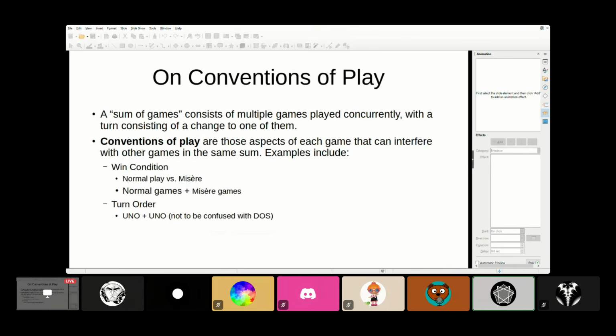So why does it matter if the skip card skips them in general? I mean, that's fair. Maybe that wasn't the best example. But I just wanted to say, turn order is another thing that games can disagree on. Okay. I wasn't trying to apply things fairly across games, I just wanted an example.